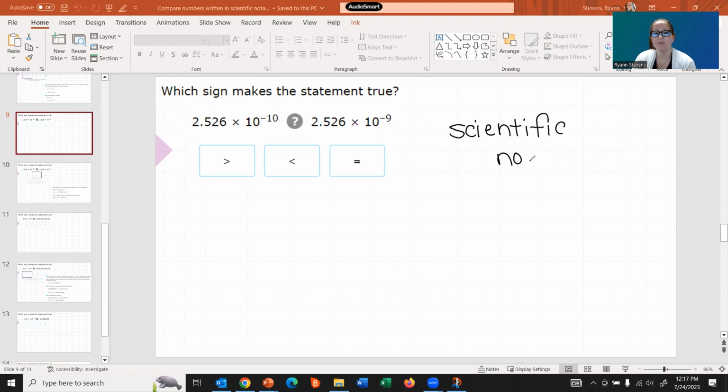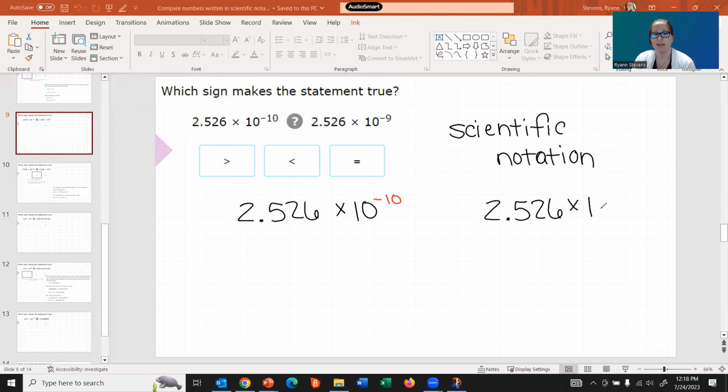So this is going to be similar to those first couple examples that we answered, where we're going to first just compare those powers of 10. So we've got 2.526 times 10 to the negative 10 exponent, and then we have 2.526 times 10 to the negative 9.